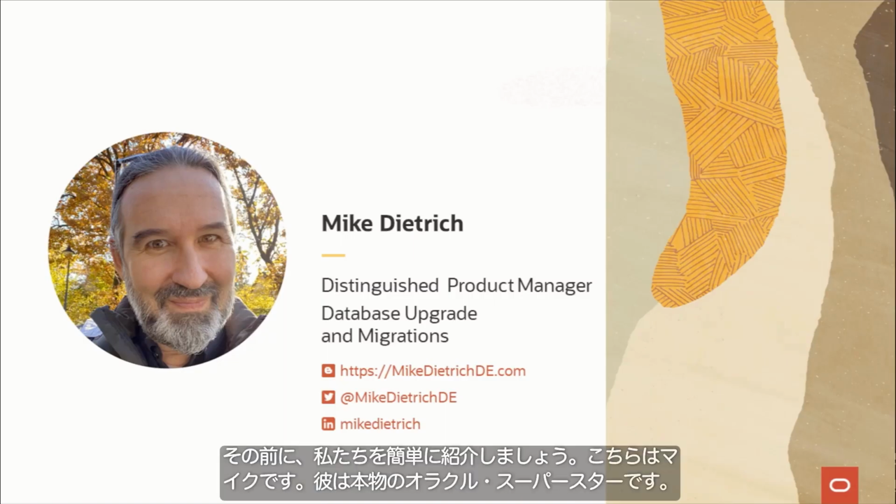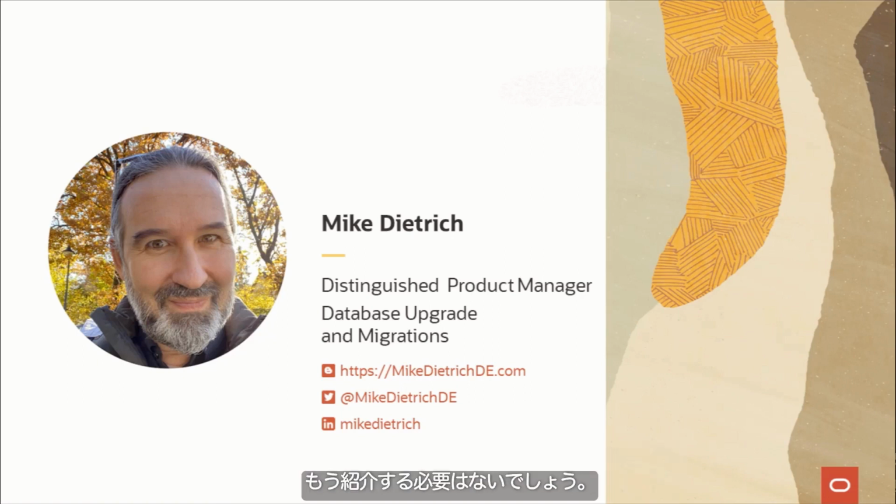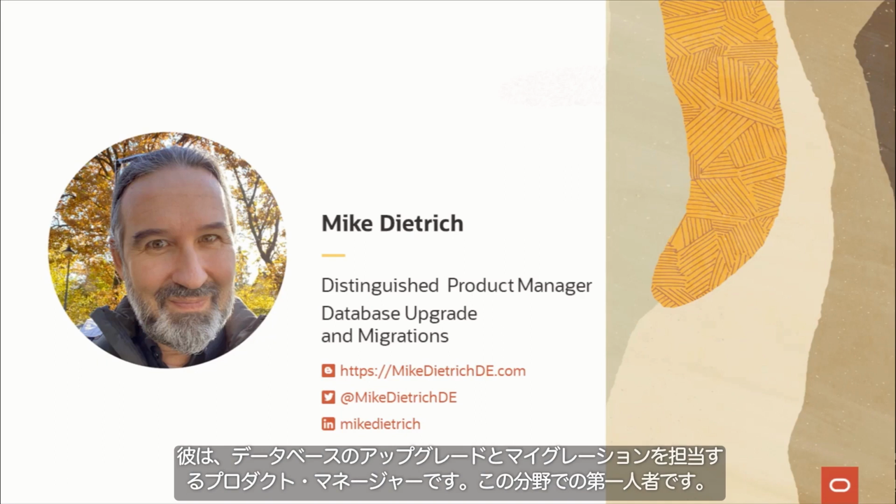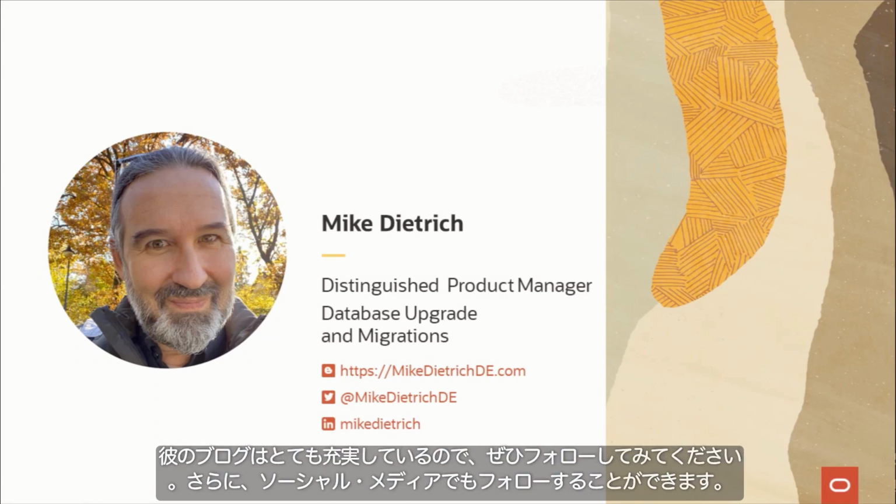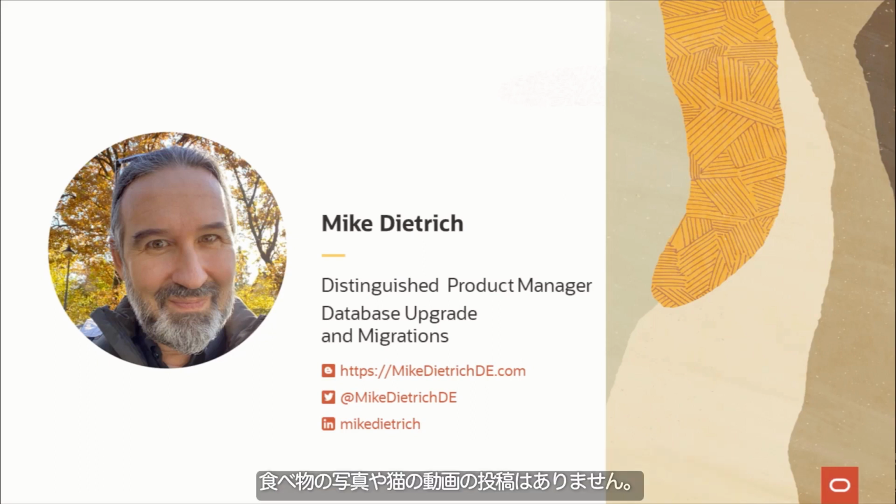But first, let us shortly introduce ourselves. This is Mike. He's a real Oracle superstar, and I guess he doesn't need much more introduction. He's a product manager for database upgrade and migration, and he's the go-to guy on those subjects. He has a really good blog that I encourage you to follow, and in addition, you can safely follow him on social media. He doesn't post any food pictures nor cat videos.